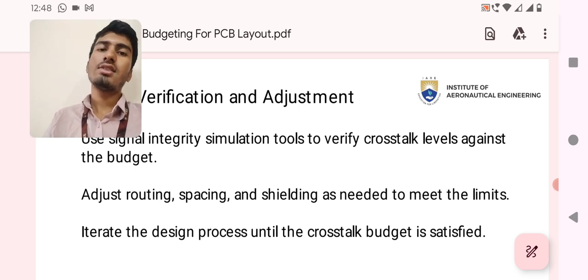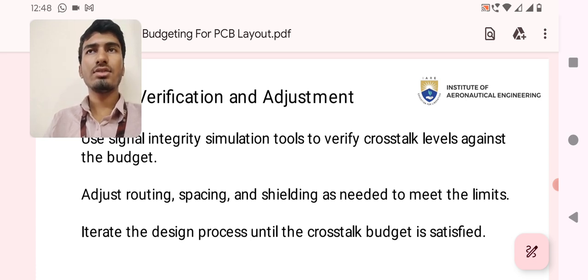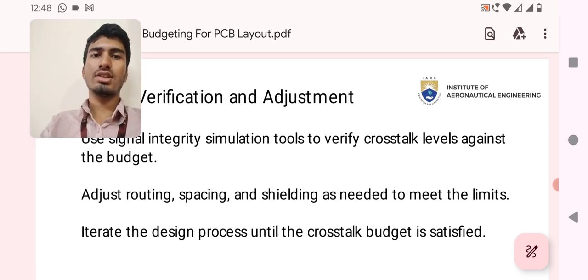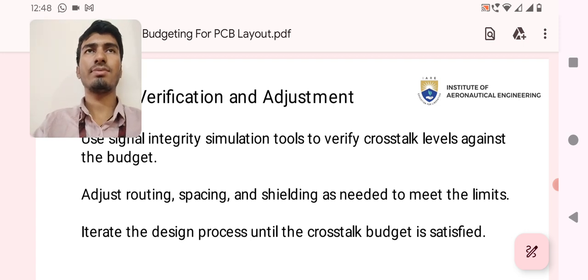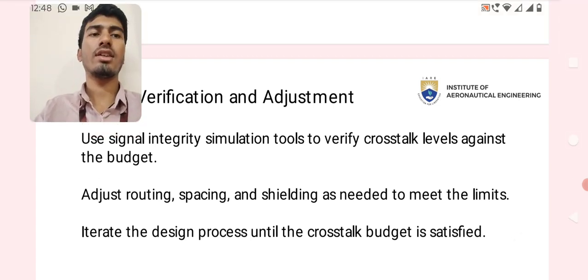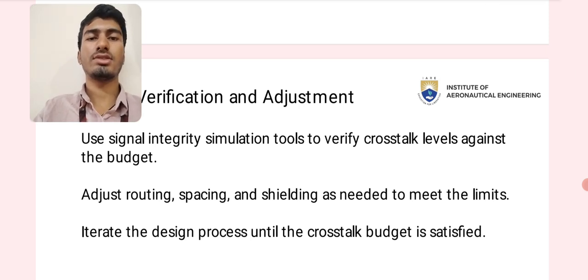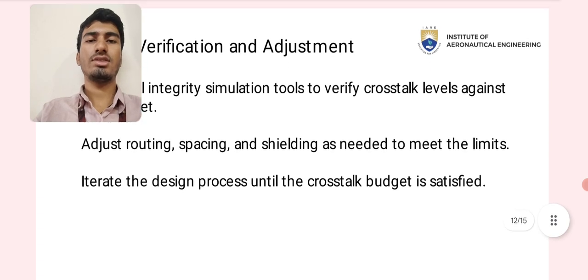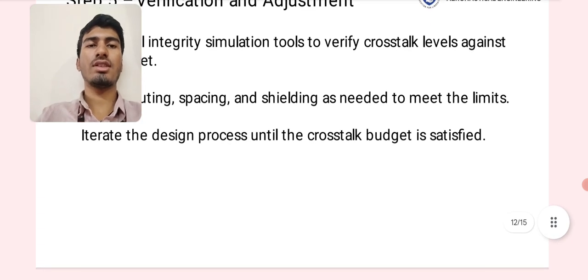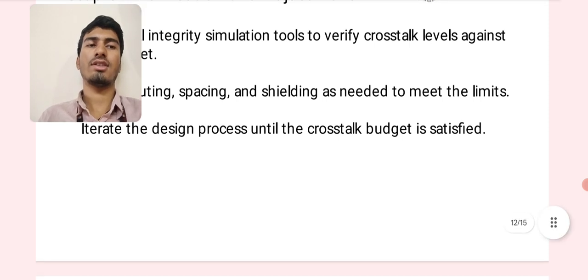Adjusting routing means adjusting the signals passing through the PCB design. Spacing means spacing between tasks. Adjust shielding as needed to meet the limits. Iterate the design process until the crosstalk budget is satisfied.